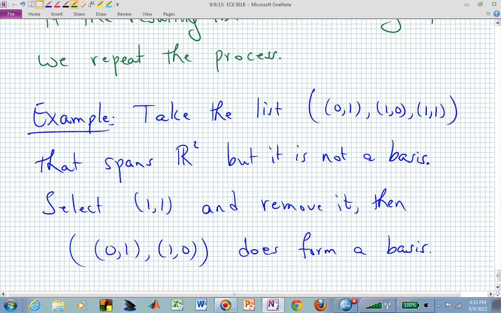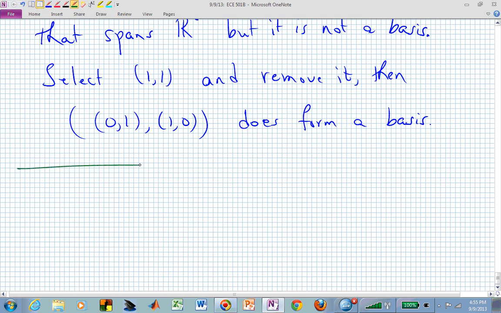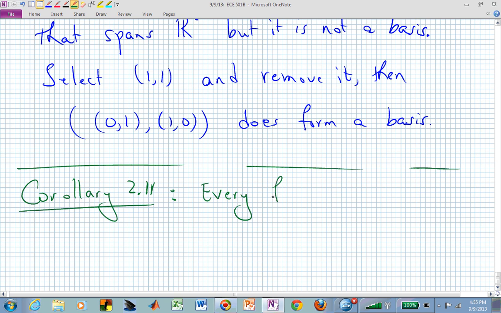Let's step through some more of these properties in Axler, and the next one is a corollary, which is maybe not quite the level of a theorem. But corollary 2.11 says that every finite dimensional vector space has a basis.